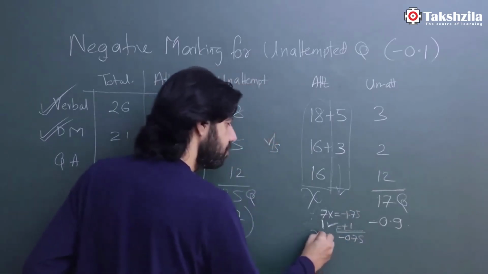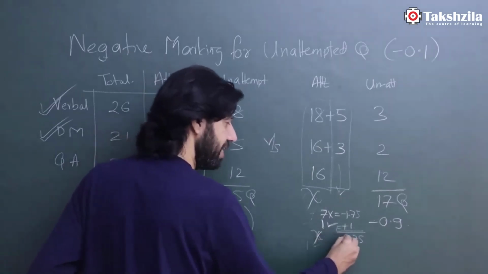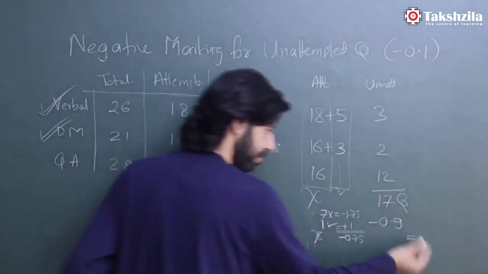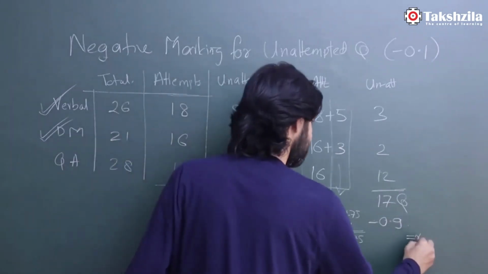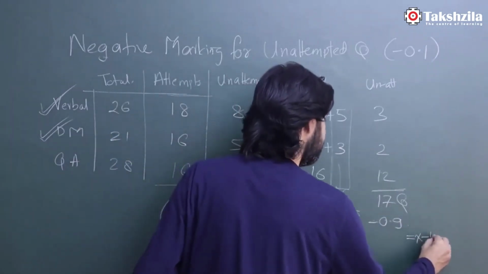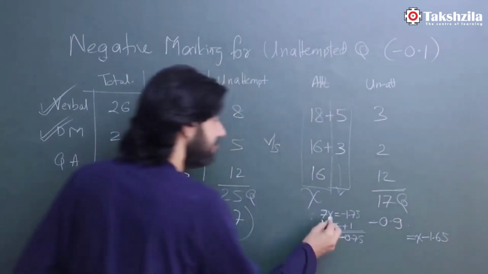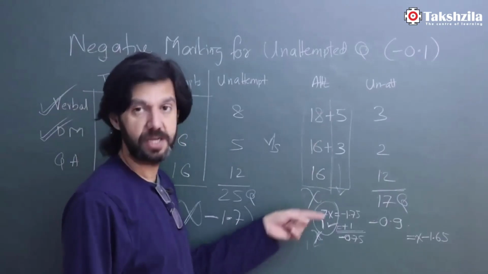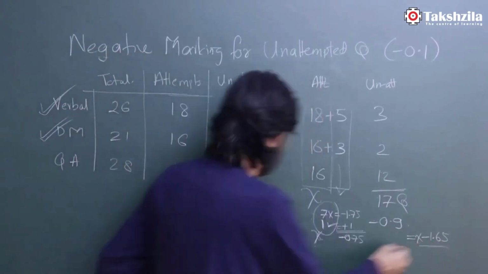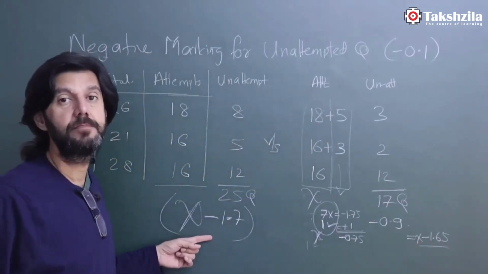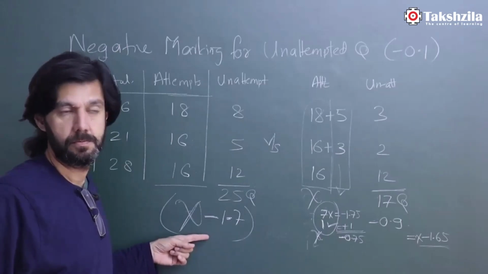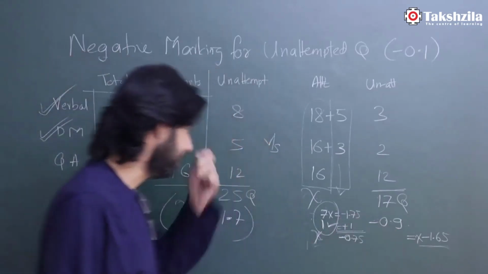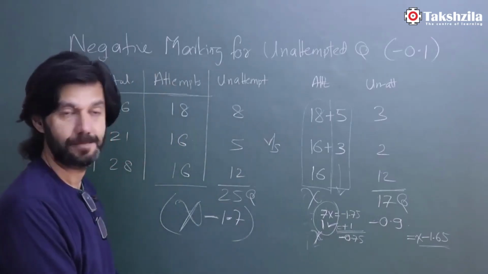So your score is going to be X minus 0.75 and minus 0.9, which is X minus 1.65. So even in as bad a scenario as getting only 1 out of the 8 correct, you end up in a better position than the previous score.